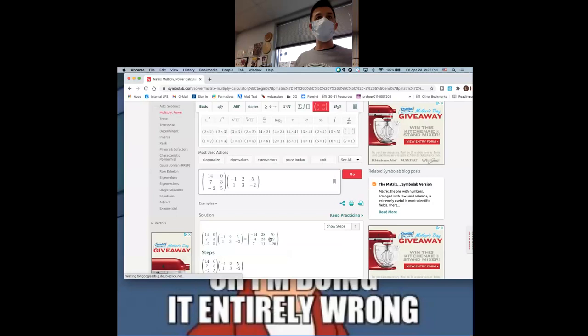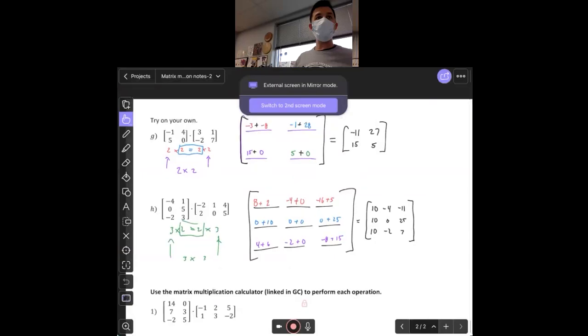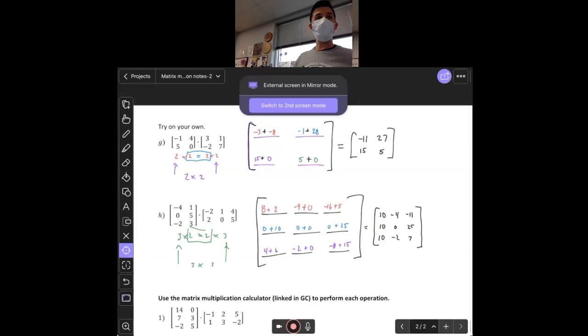But I do want you guys to try a couple by hand. I do want to see your work. When you guys are doing the ones by hand, I expect to see this piece of it, not just the answer. On the calculator, all you have to do is just give the answer. But if you're doing it by hand, I want to see this and then this.